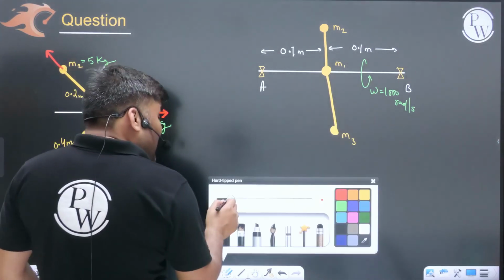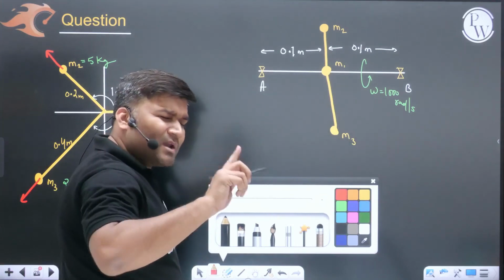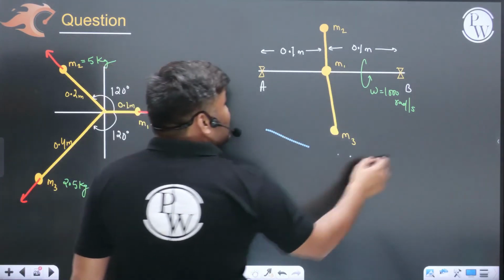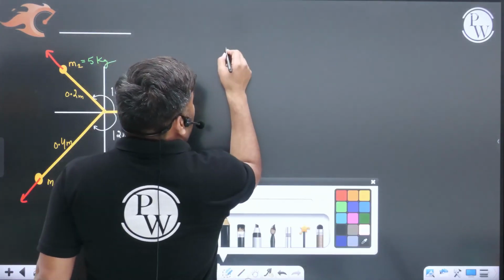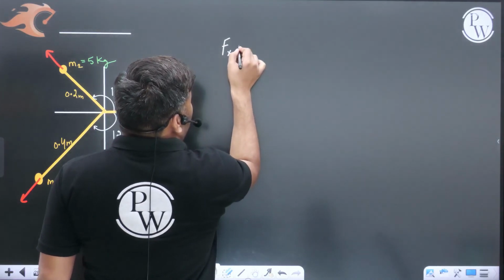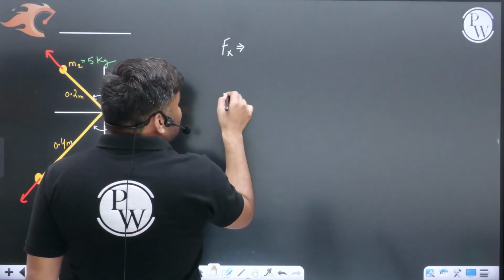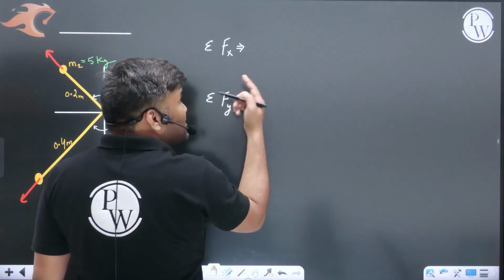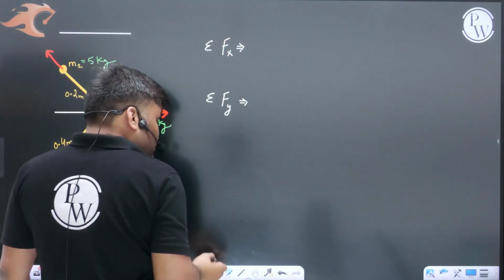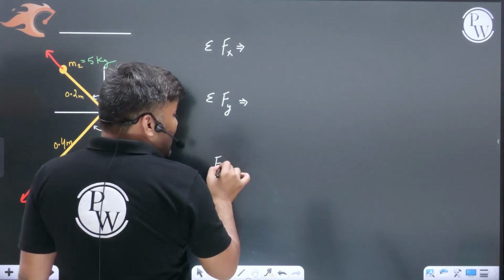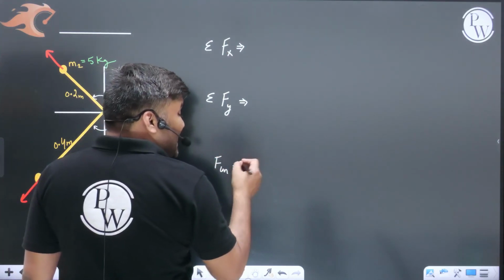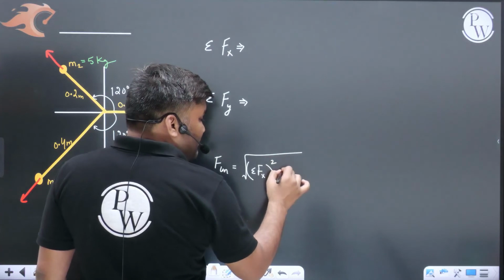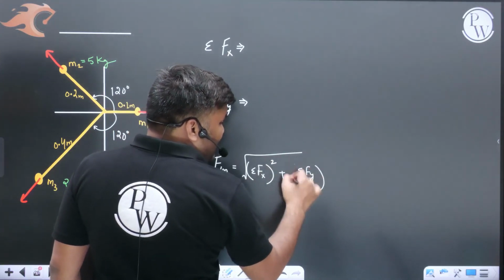इफ यू कैन कैलकुलेट रिजल्टेंट, हाउ डू वी कैलकुलेट रिजल्टेंट? समेशन ऑफ फोर्सेस जीरो नहीं करने हैं, कीप इन माइंड जीरो नहीं करने हैं. व्हाट यू हैव टू डू, फाइंड आउट एक्स कंपोनेंट कितना है, वाई कंपोनेंट कितना है, फाइंड आउट करो. फोर्सेस इन एक्स कंपोनेंट, हाउ मेनी फोर्सेस आर देयर, निकालने हैं. समेशन ऑफ फोर्सेस एक्स कंपोनेंट निकालो, समेशन ऑफ फोर्सेस वाई कंपोनेंट कैलकुलेट करो, डोंट मेक इट जीरो. वंस यू हैव दीज फोर्सेस, तो रिजल्टेंट अनबैलेंस्ड फोर्स निकल जाएगा आपका. गेटिंग पॉइंट? हाउ मच इज अनबैलेंस्ड फोर्स, सेंट्रीफ्यूगल फोर्स, दैट विल बी अंडर रूट summation of forces in x direction, whatever you have calculated, square plus summation of forces in y direction, whatever you have calculated, square.